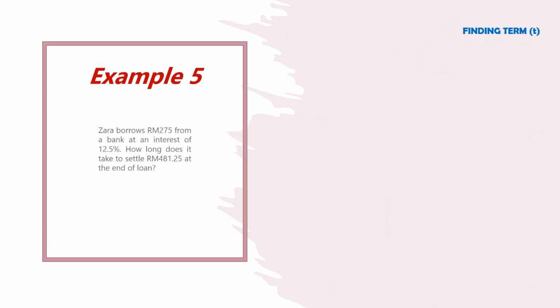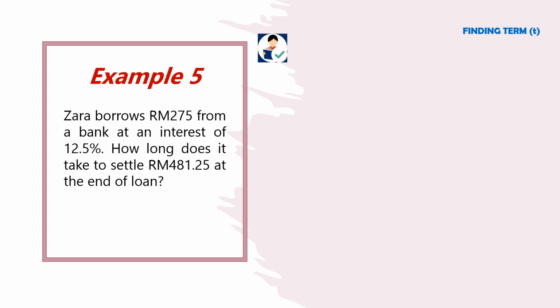Next, example 5. Zara borrows 275 ringgit from a bank at an interest of 12.5%. How long does it take to settle 481.25 at the end of loan?